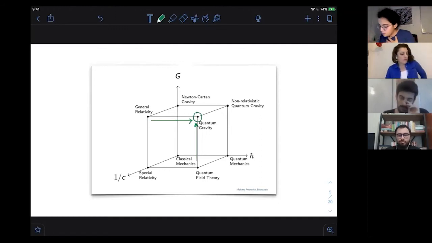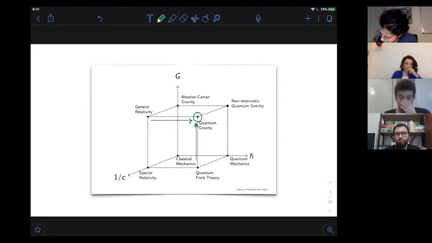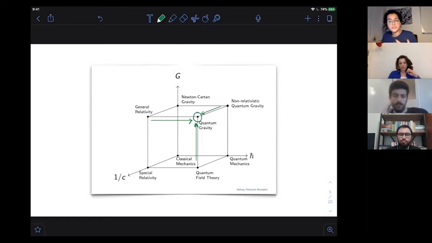And I think this Bronstein cube at least suggests that there's a third way you can approach quantum gravity, and that is non-relativistic quantum gravity. So in that sense, it is natural to consider a non-relativistic quantum gravity approach to the final result.